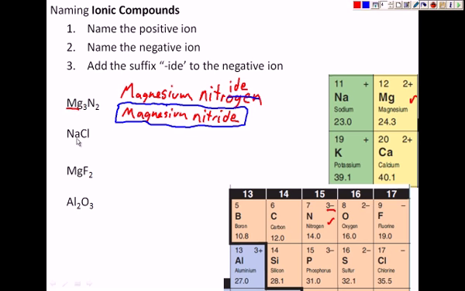Let's take a look at the second one now. Again, we're going to name the positive ion first. This is called sodium. We know it's positive because of the symbol up here. Then we name the negative ion second, chlorine.